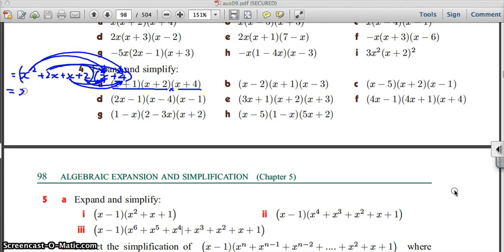X squared times x is x cubed. And then 4x squared. Are you okay with that? What's the next one? 2x times x is 2x squared. And then 8x. Oh yeah, it's probably 8x. X squared. And 4x. And the next one? 2x and positive 8. Good.